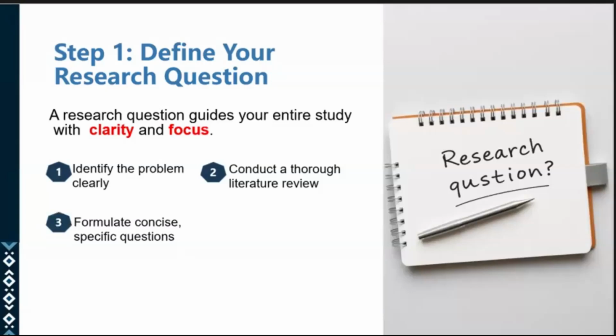So when we are talking about formulating our research question, we all know about the PICO framework, but today we are not going to talk about the PICO framework. We are going to talk about a different kind of framework that is also used in qualitative research. This is not the only framework, but it's one framework that is highly used.